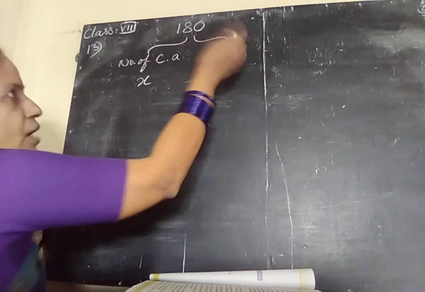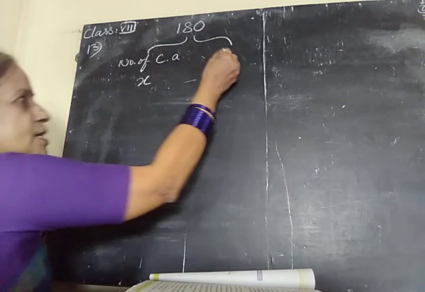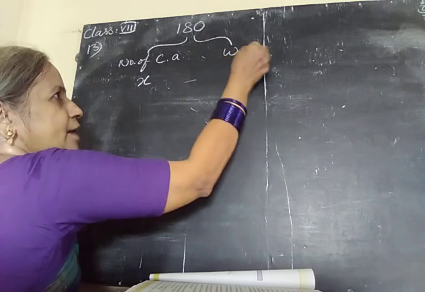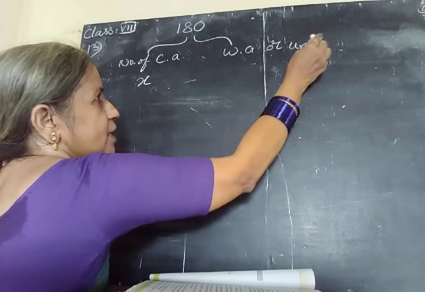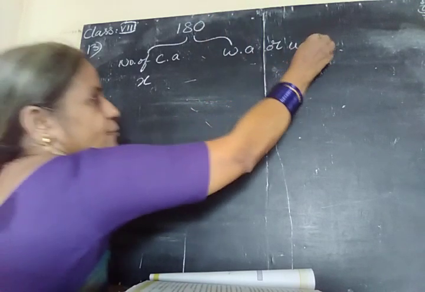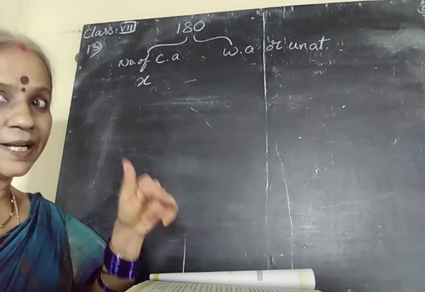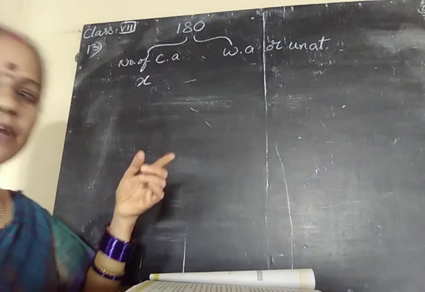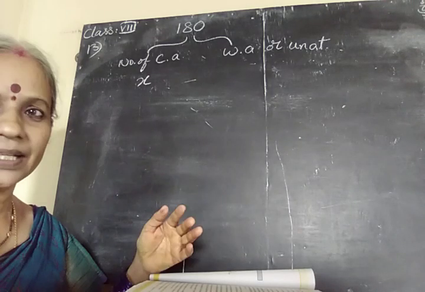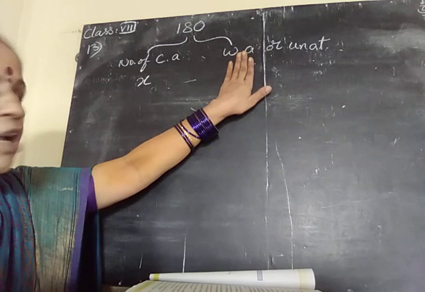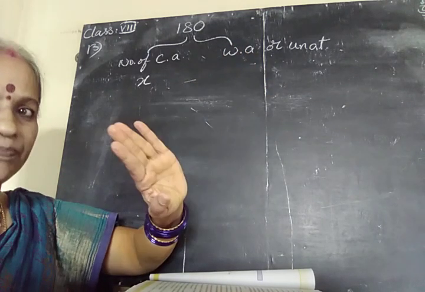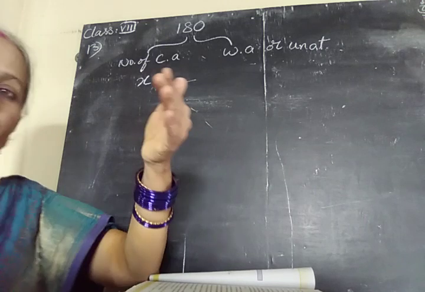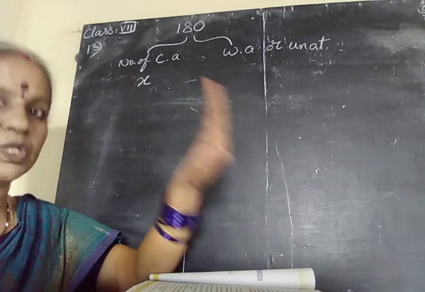And for wrong answers and unattempted questions also, 1 mark is deducted. For every wrong answer, they are deducting 1 mark from your total score.